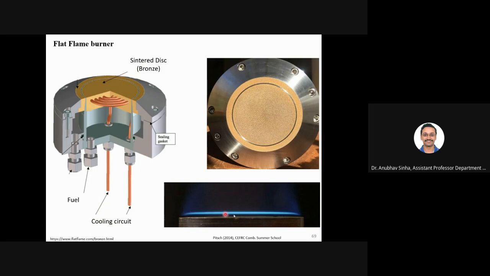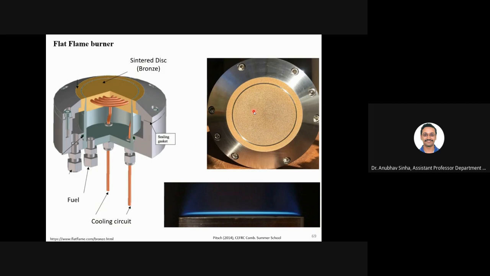So it is widely used for different types of calibration. It is also very useful when you have laser diagnostics. When you are studying kinetics, let us say you have a burner and you want to take some PLIF images, planar laser induced fluorescence. For those types of studies, this becomes very useful, because this is a very standard burner.